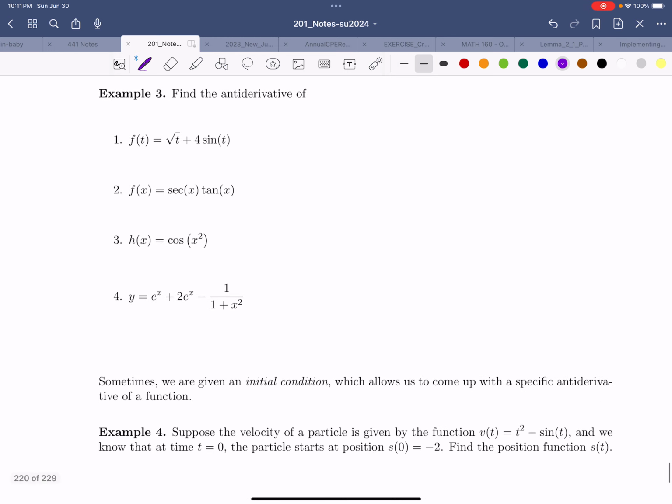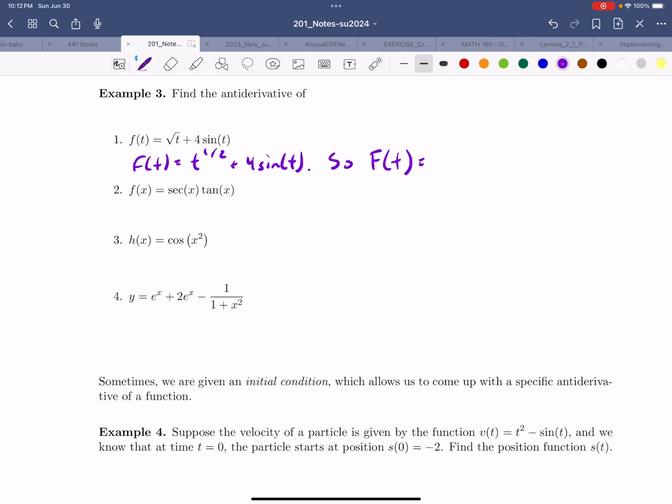Example 3. Find the antiderivative of each of these. First, f of t equals t to the 1/2 plus 4 sine of t. Just like differentiation, I think it's easier to change the radicals and fractions into exponents or powers. You can do whatever you want.